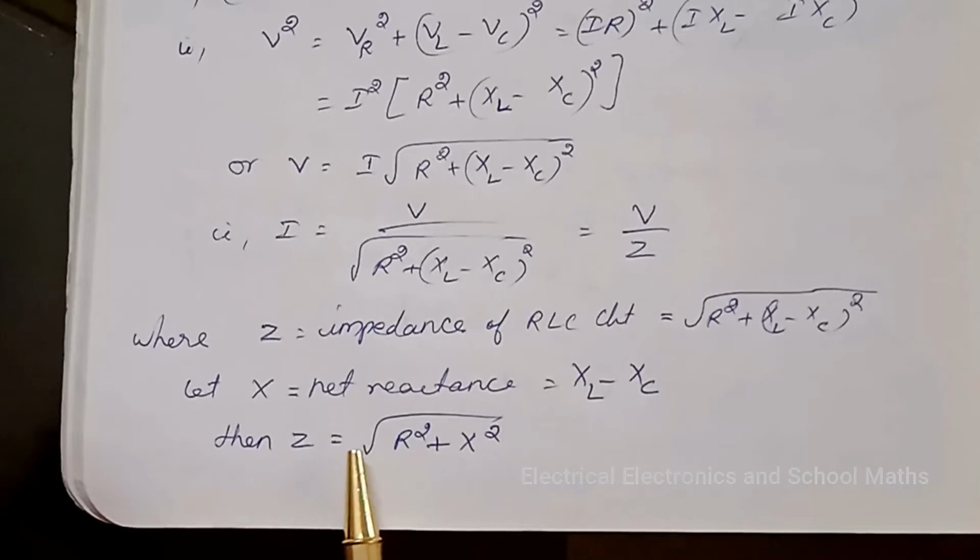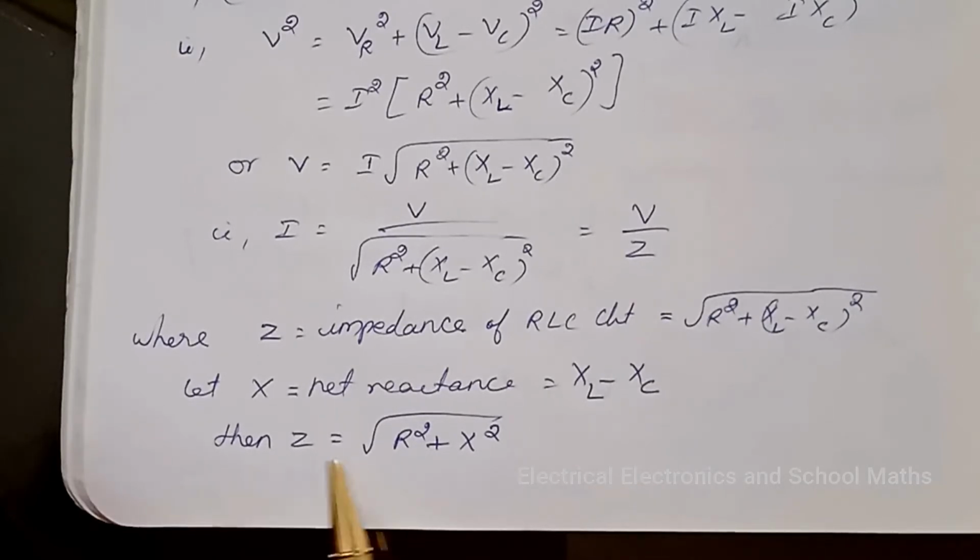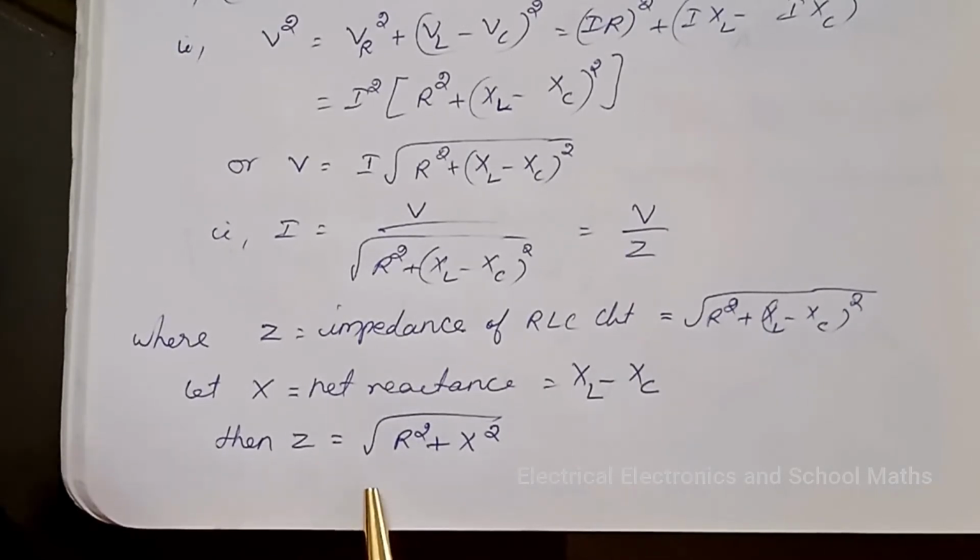As the voltage drop across the inductance has been assumed greater than the voltage across the capacitance, the resultant circuit becomes inductive. Hence, the current in the circuit lags the applied voltage V by an angle phi. Then, the power factor of such a circuit is lagging.